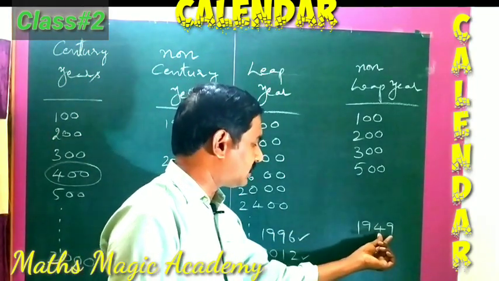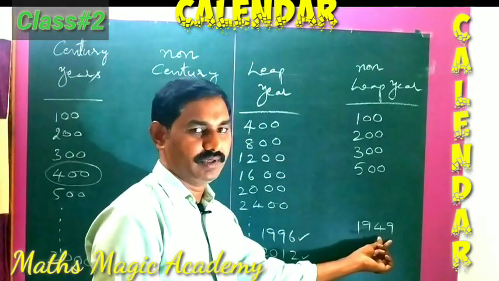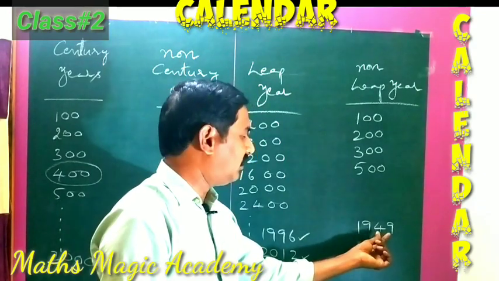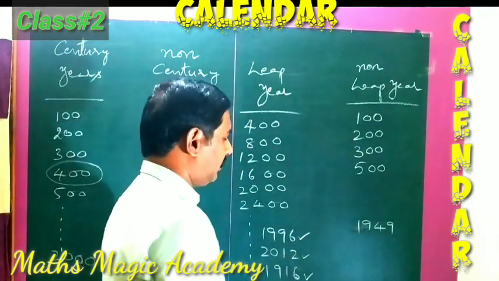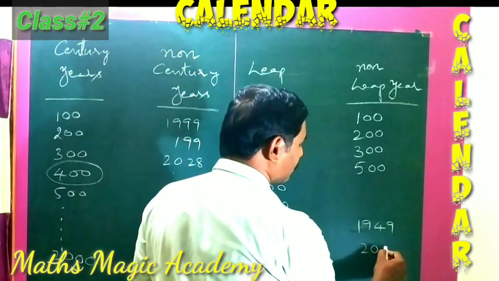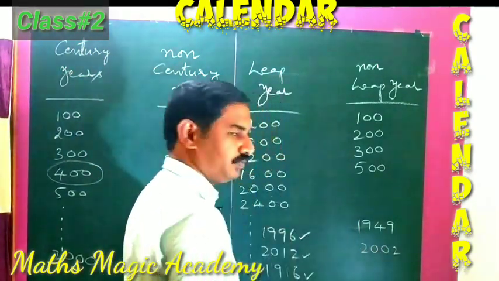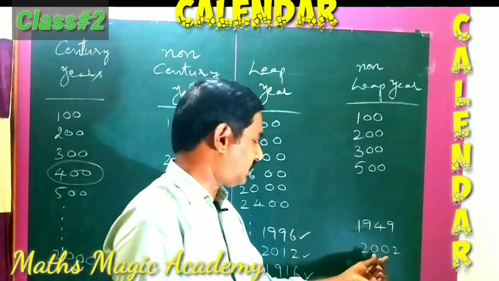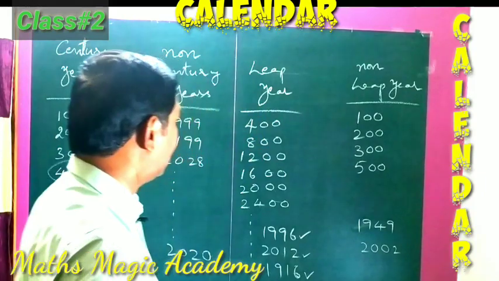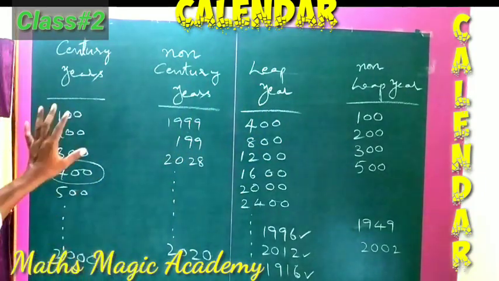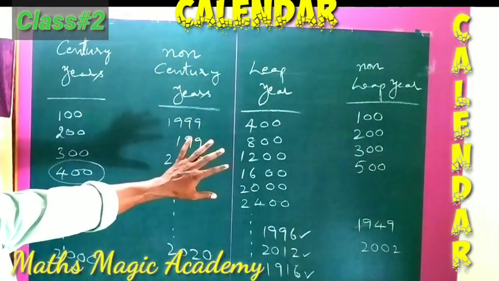The last 2 digits are not divisible by 4, so this is not a leap year. It is a non-leap year. And 2002 is also a non-leap year. Like that we can calculate the leap years and non-leap years.